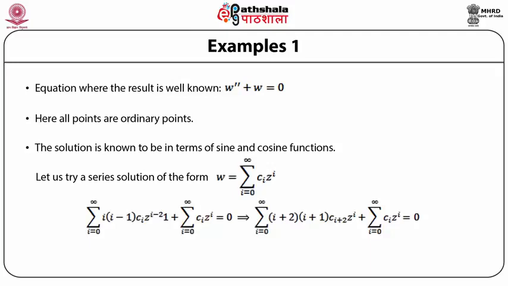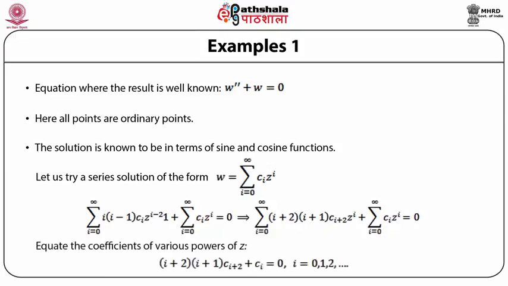On simplifying, we get summation i going from 0 to infinity (i plus 2) into (i plus 1) into c_(i+2) z raised to power i plus summation i going from 0 to infinity c_i z^i is equal to 0.